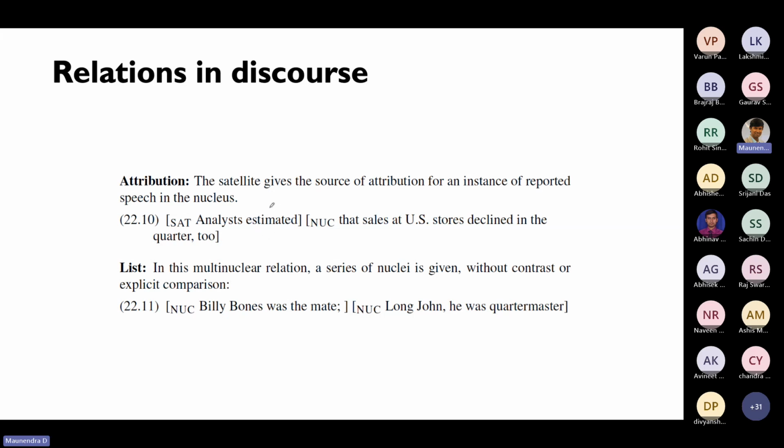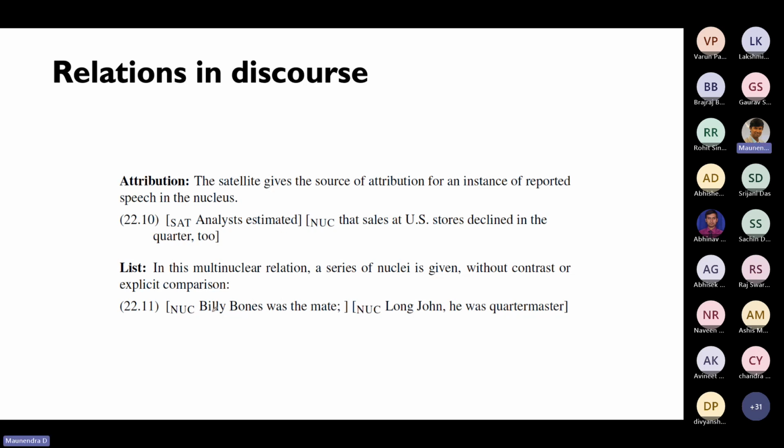One is nucleus, another is satellite. What is the main concept here? That the sales at US stores have decreased in this quarter. That is the central idea, the message that the person is trying to convey. It also gives you some attribution: who has said that. So this is again nucleus, satellite, and attribution.